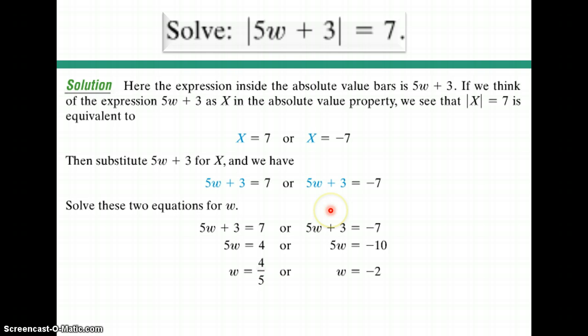Let us solve the second equation. 5w plus 3 equal to minus 7. Subtract 3 from both sides. We have 5w equal to minus 10. Divide 5 both sides. We have w equal to minus 2.